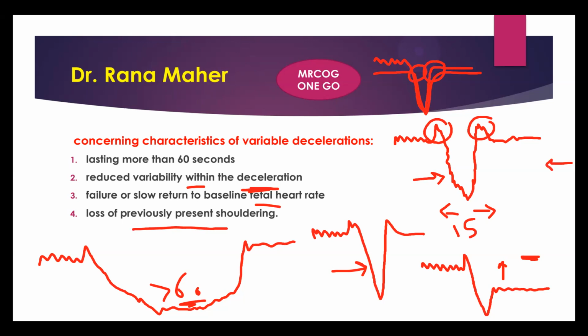This is normal, with the variability here, with the shoulder, with the variability in between, duration 15 seconds, coming back to the baseline. In the old one, it was loss of shouldering. They added here previously present shouldering, so take care of that. We have 4 concerning characteristics. If they are present in a variable deceleration, as the name says, concerning characteristics, so we need to think about it.